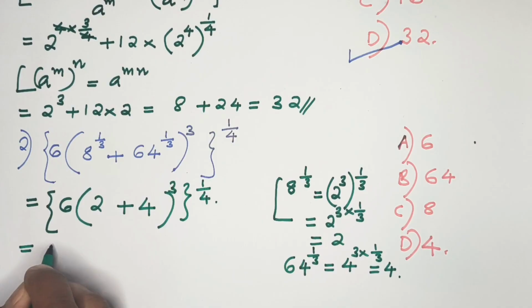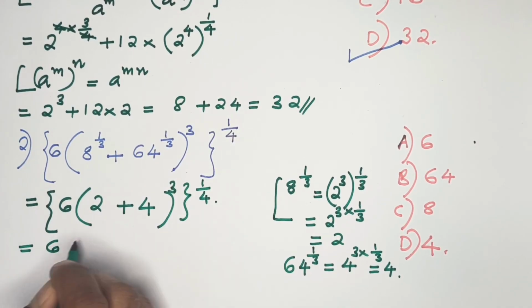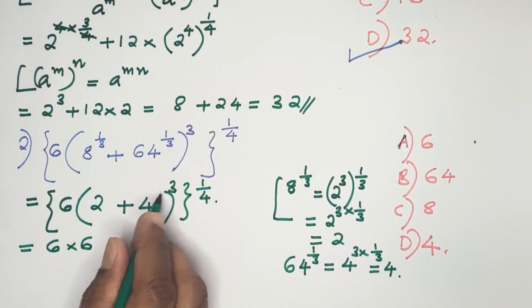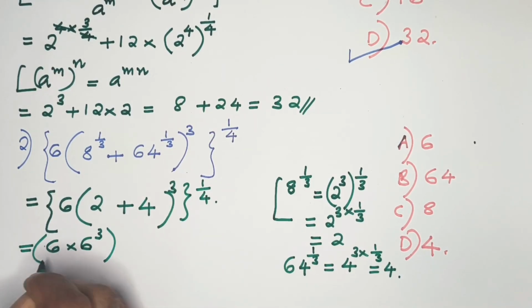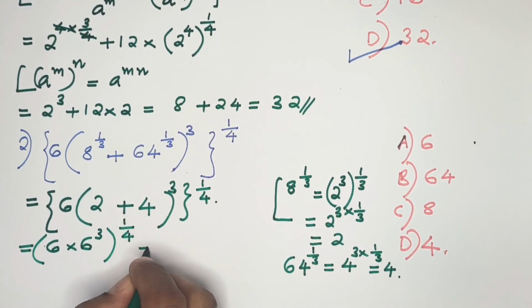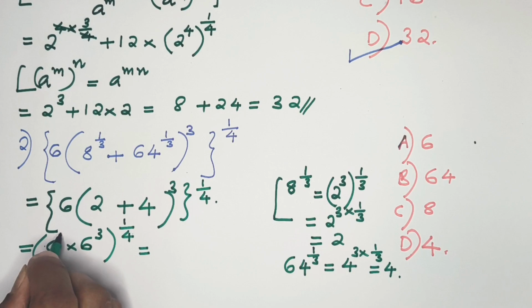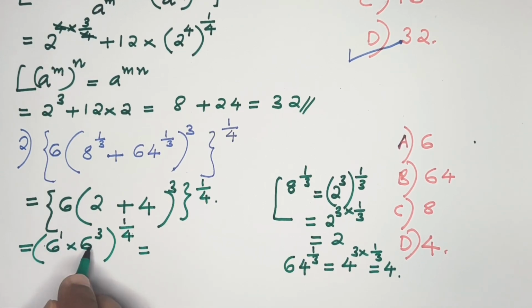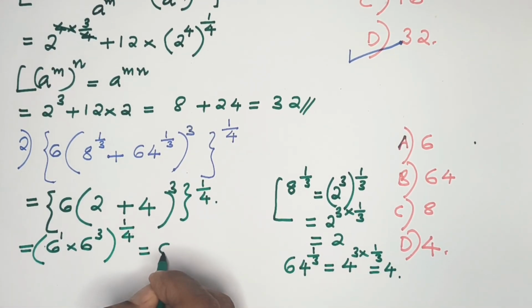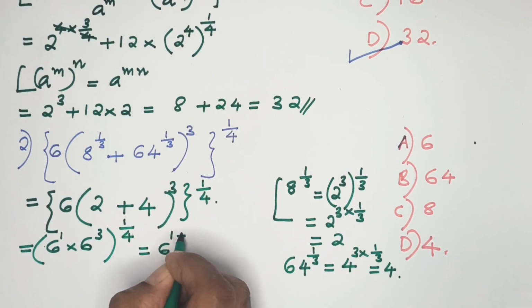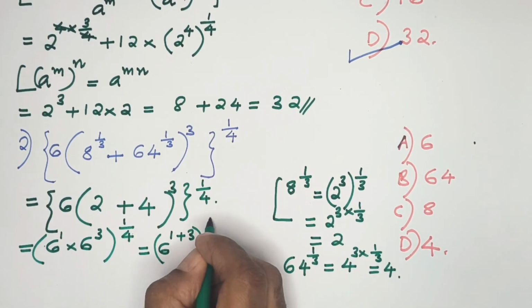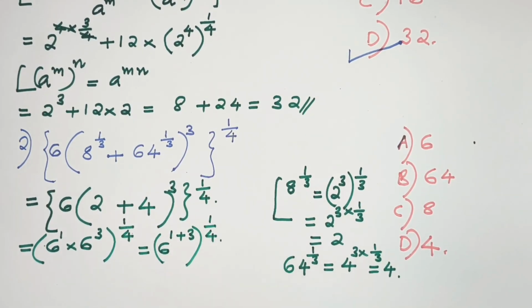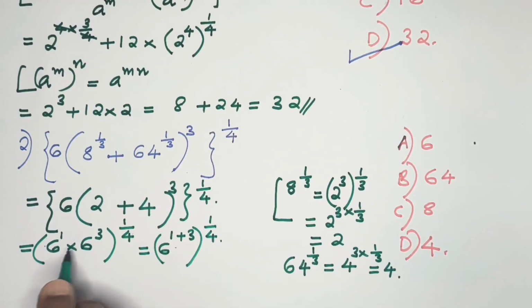Now what do you have? So 6, this 6, this 6, this is another 6 and that raised to 3. The whole raised to 1 over 4. Now you can put 1 here. See, when you simplify this, you get 6 to the power of the whole to the power of 1 over 4. How did I write this from this?